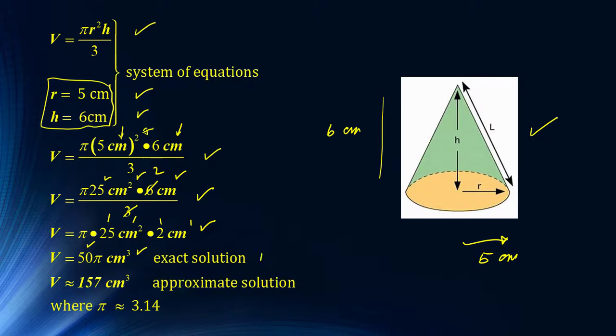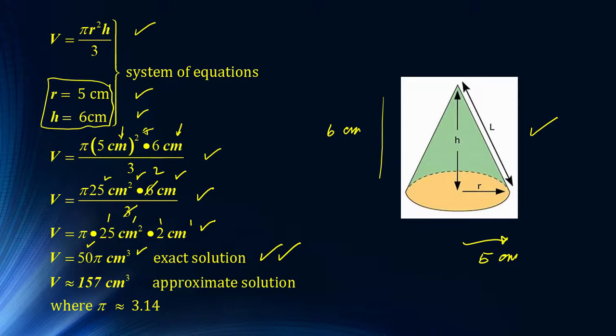And this is an exact solution. Remember that pi is an irrational number, cannot be expressed exactly as a decimal. So if you're asked for an exact solution, you'll keep your answer in terms of pi. That's what I've done here. If you're okay with an approximate solution, you can put a well-known number in for pi.